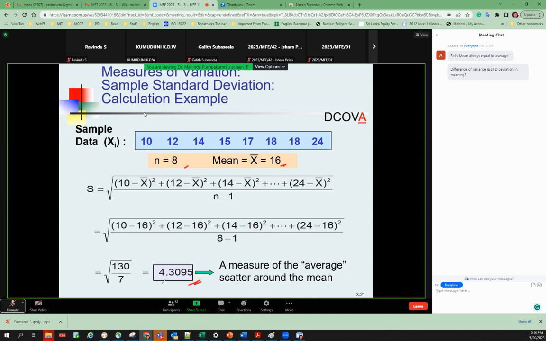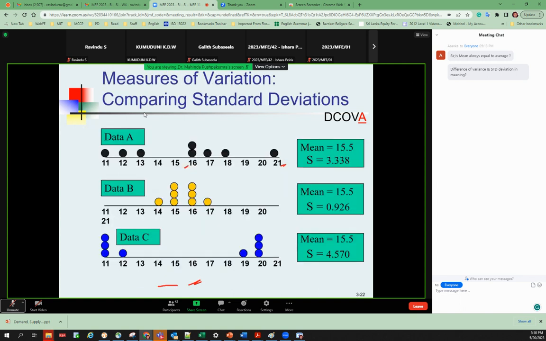Then how can we identify the variation of the data set based on standard deviation? Now see these three examples, please.